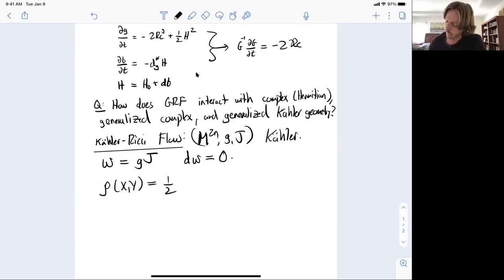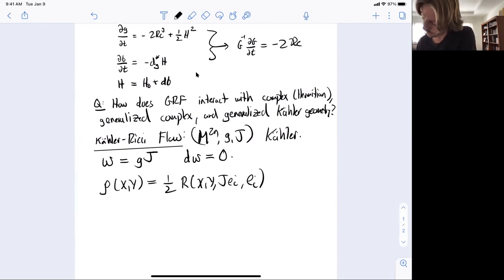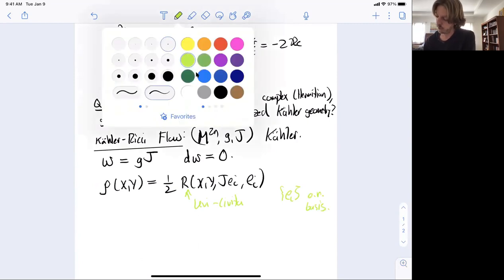So rho(X,Y) is 1/2 R(X,Y) J e_i, where R is just the usual curvature tensor, the Levi-Civita curvature, and e_i is just some orthonormal basis.